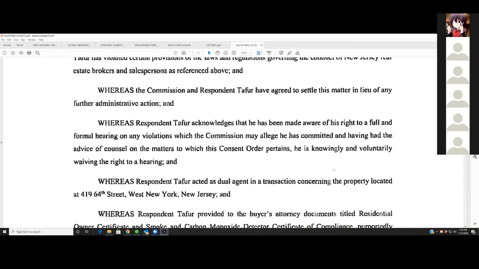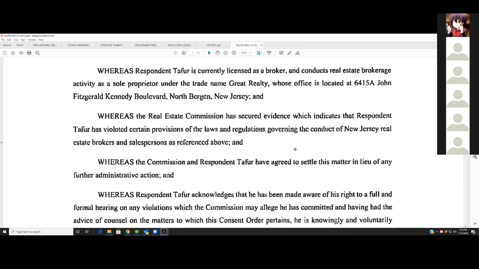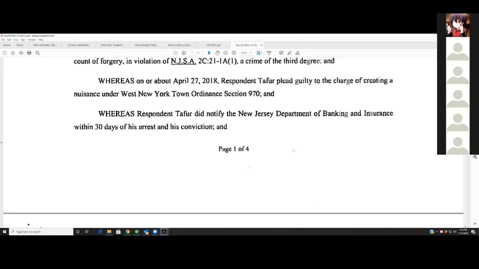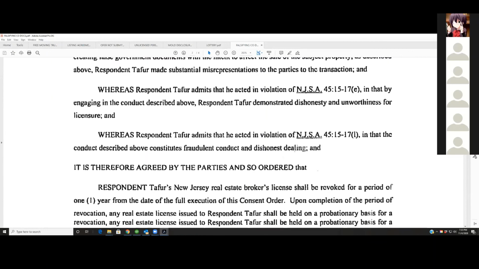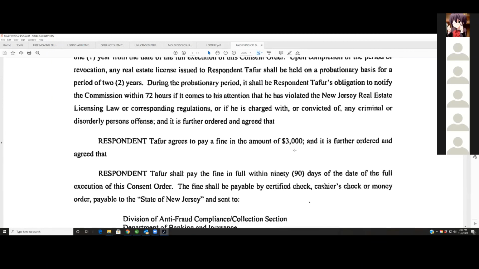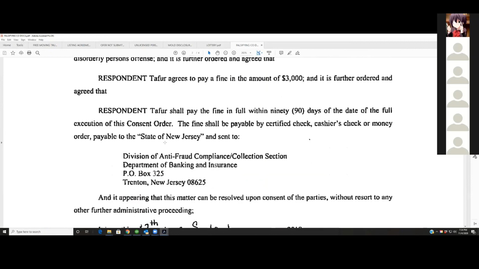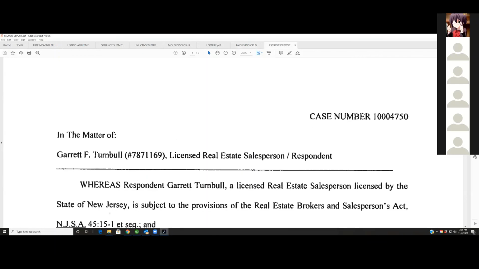Well, I guess she had one property that passed the CO, so she changes the address and sends it to the buyer saying this is the CO. It's ballsy. And she paid a $3,000 fine for it. That's crazy. It goes into fraud. Sure, she could probably get a criminal charge for that.